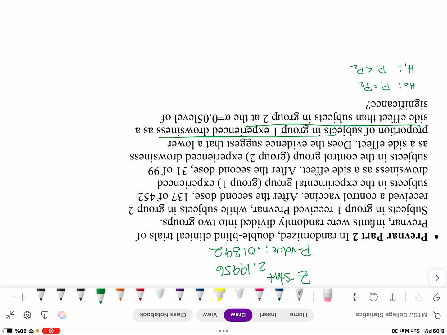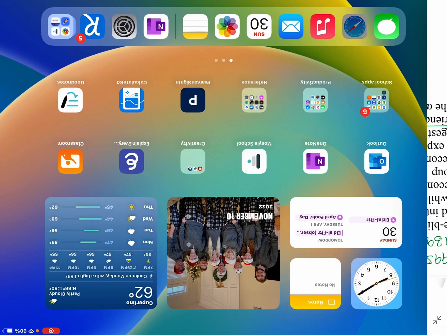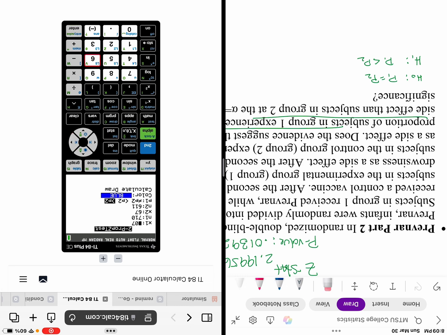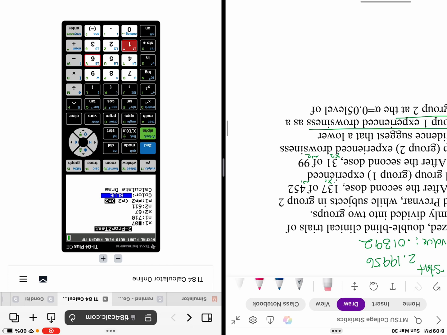And then here's all my information for my process, x1, n1, x2, n2. So let me go ahead and get my calculator, just try to speed the video up here. So stat over test, option 6, 137 out of 452, 31 out of 99, and we said less than, so that middle one.